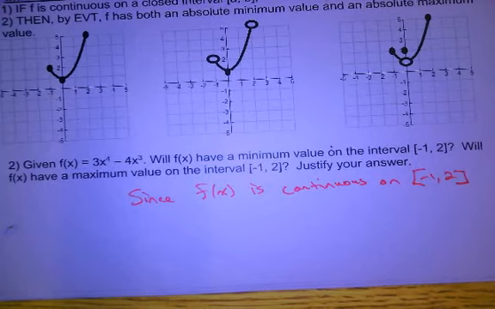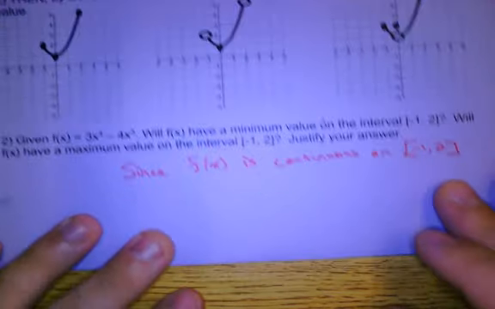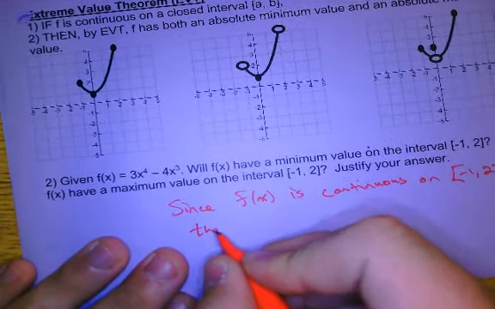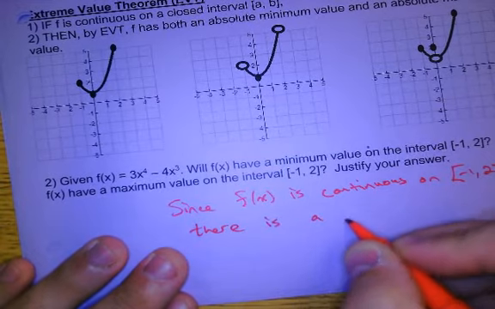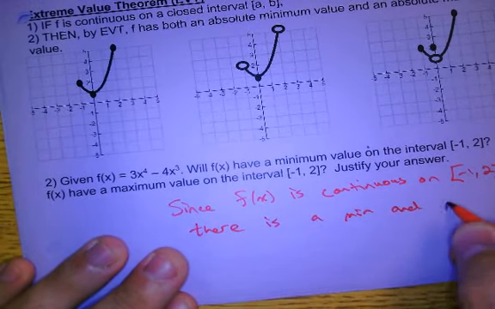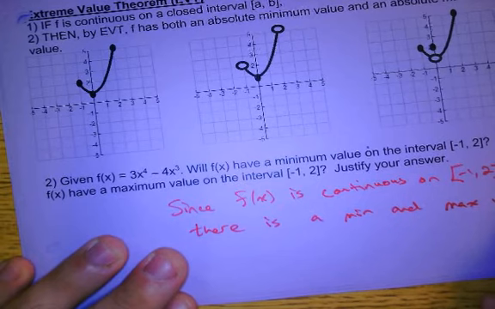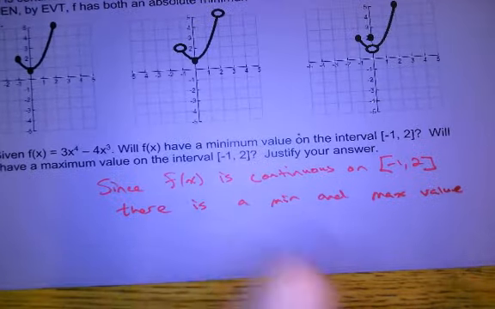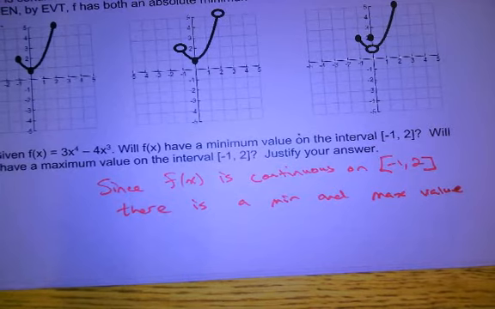The only time you need that interval is if something is not continuous everywhere. And I'll get to an example in a little bit. So since f of x is continuous, there is a min and max value. That's all you need to say. Again, you do not need to say EVT. It's just given.